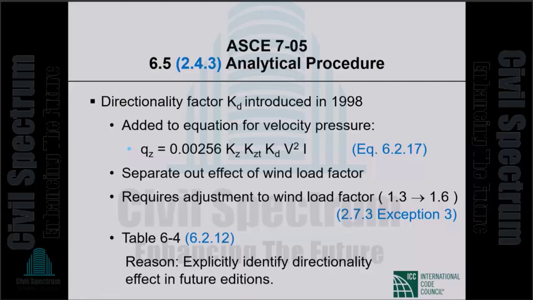One instant it may be along the most critical direction, but the next instant the wind direction will have changed and it will no longer be along the most critical direction. This fact is taken into account through a directionality factor which is 0.85 for all buildings.